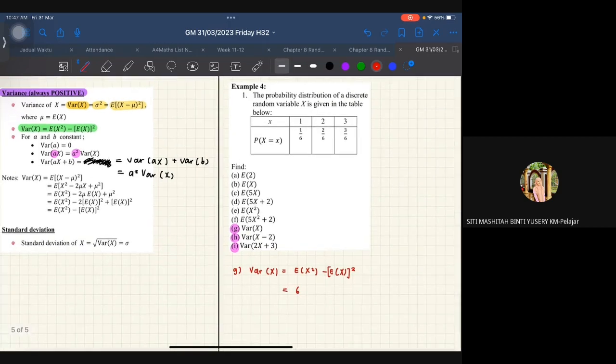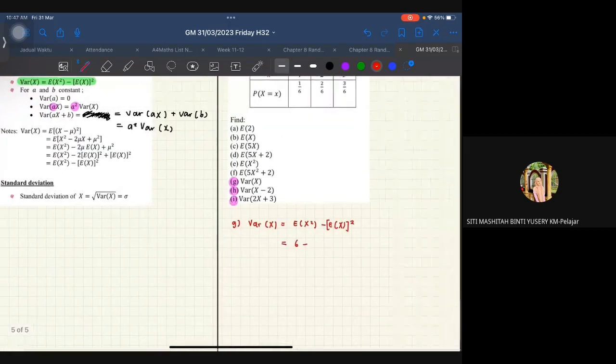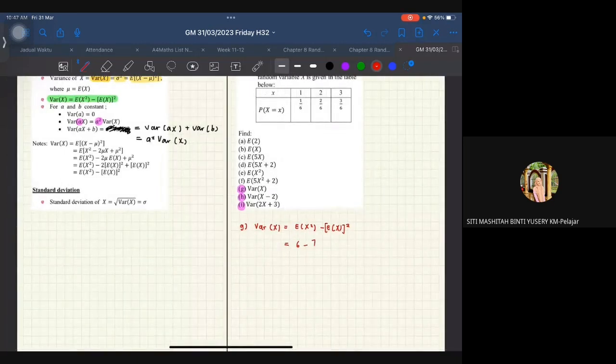Silap saya 6 kan? 6 tolak 7/3 ke? Macam tu. So terus dapat jawapan. Okay, seorang dah siap ke sampai part I?